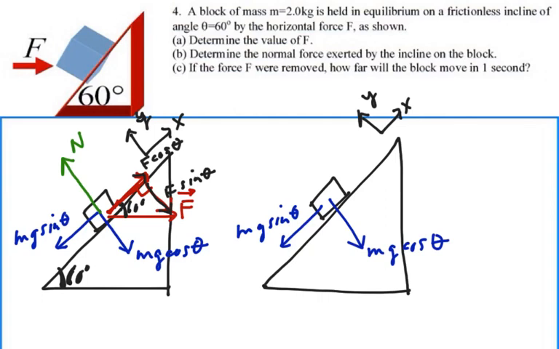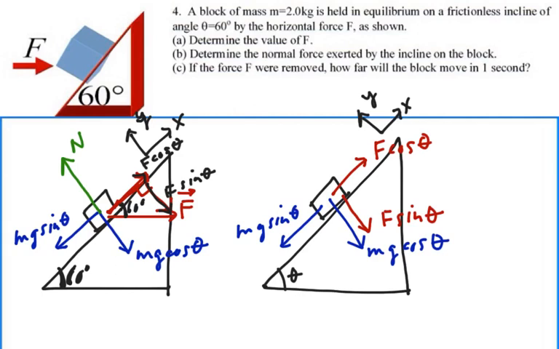I have two components of F, one going up the incline, which is F cosine theta, and one going into the incline, which is F sine theta. The reason it has different sine and cosine from the gravity is because the F force is going horizontally, where gravity would be going vertically, and that's why these components broke down differently, this being our theta here.